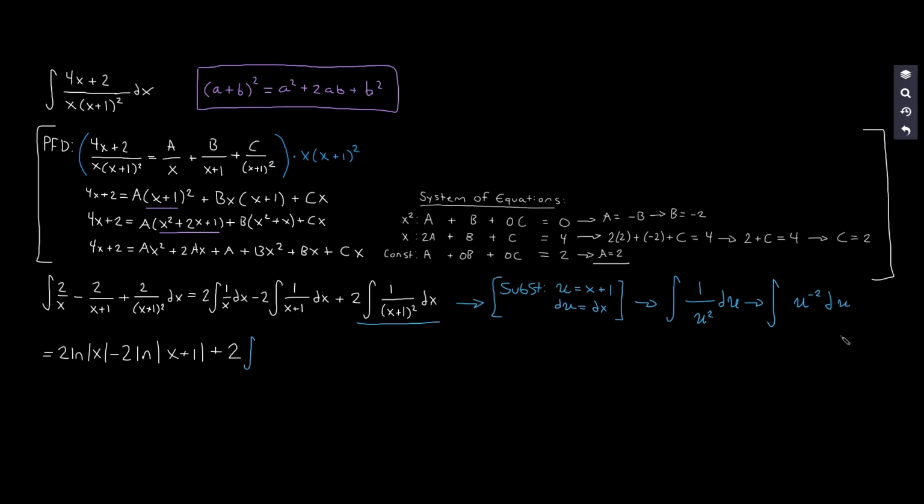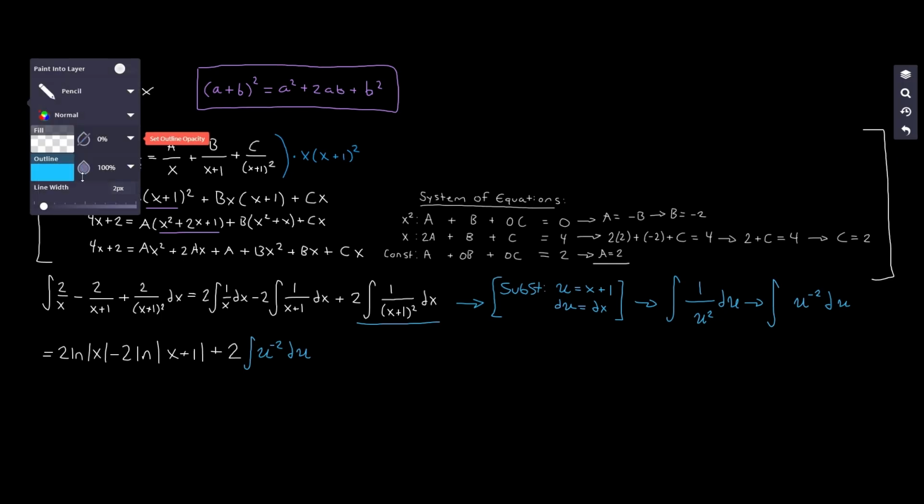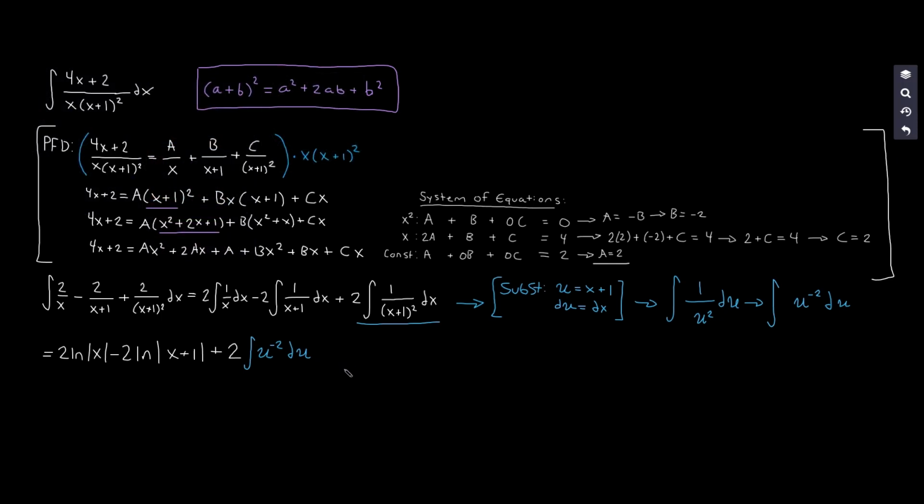And so that's what I think I'm going to roll with. So we'll do u raised to the negative second power integration with respect to u, just because that makes it easier for the application of the power rule. So let me grab this here and I will write out the power rule.